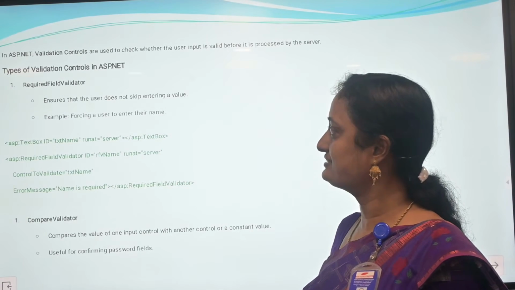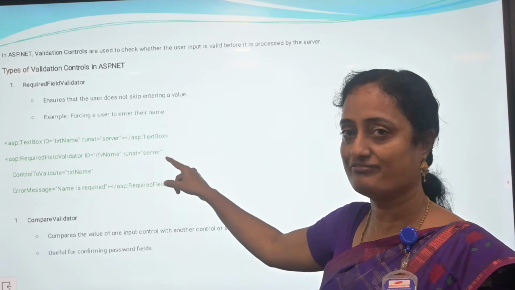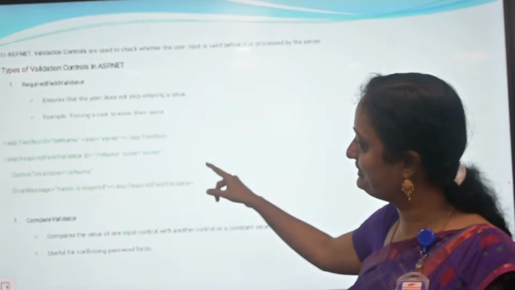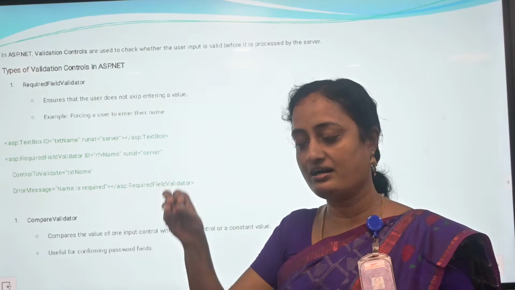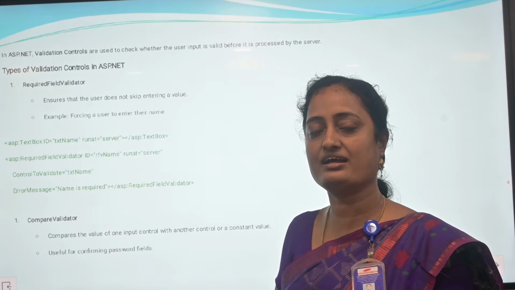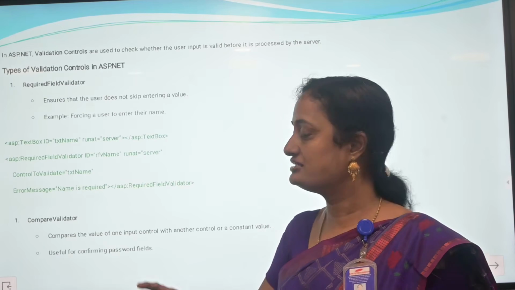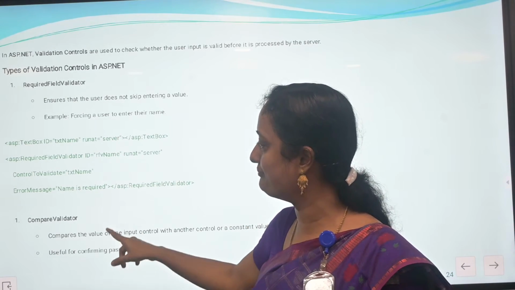In that, whichever field is required or mandatory, you have to select it. Here I have selected the name field as mandatory. Suppose I have missed the name field and filled in all the others. When we click the submit button, it shows required field mandatory. So this is the special function of the required field validator.